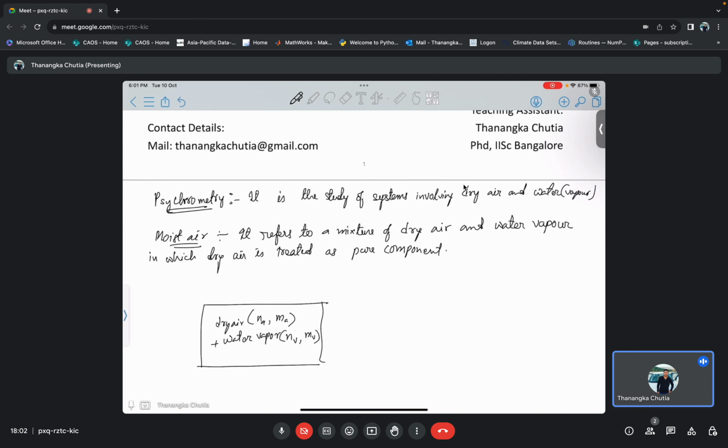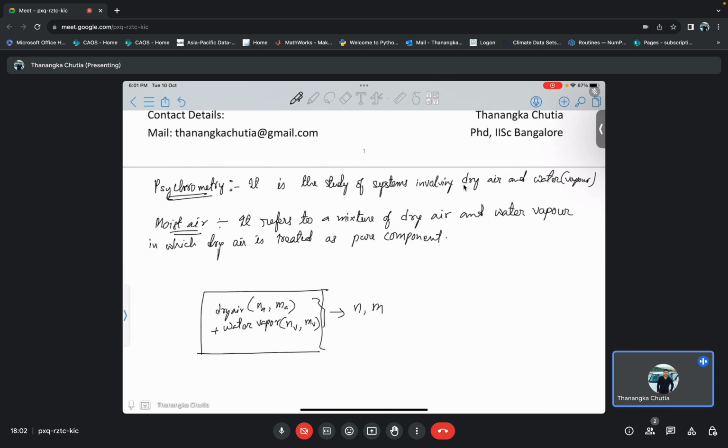For the total mixture we can take N and M. So we can write the equation of state as a whole: P equals N R bar T by V. We know this. Now we can write this as M times R bar by M, into T by V.